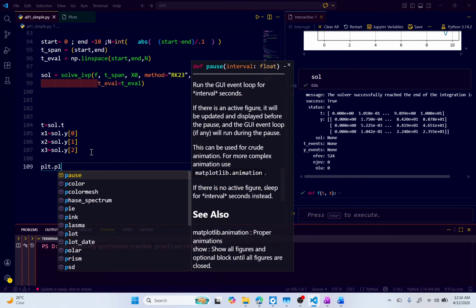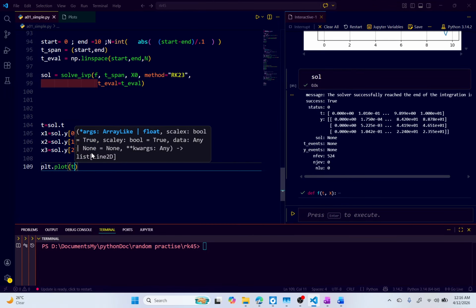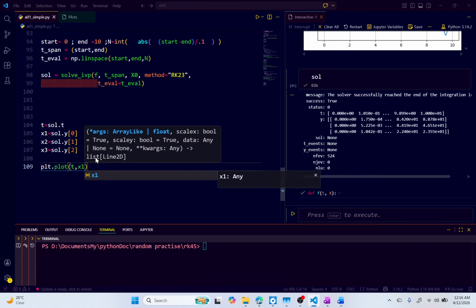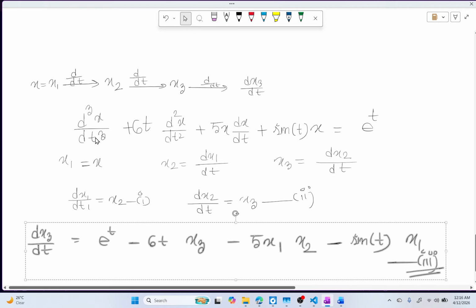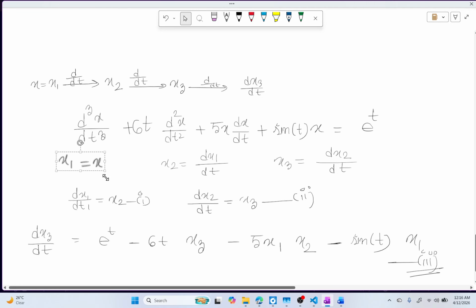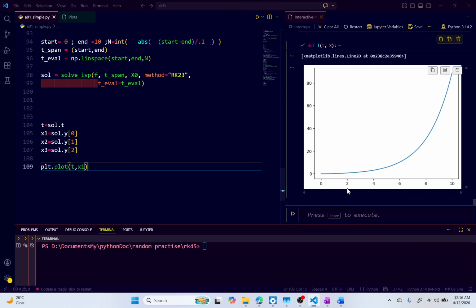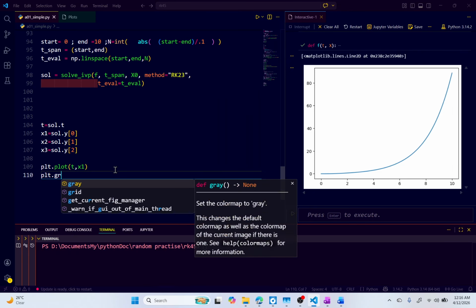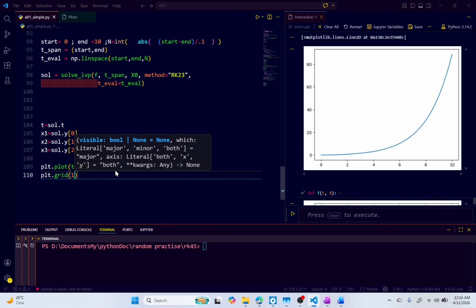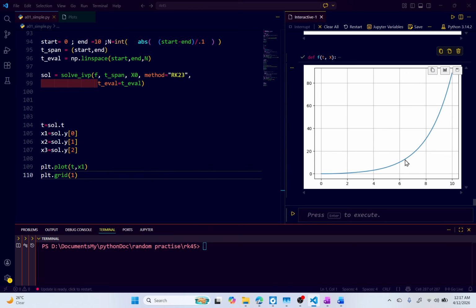So plt dot plot. So t comma x1. So x1 is basically the position, you see. X1 is basically x, what you want. So let's plot this thing. Okay, so this looks like this. If I write here plt dot grid. Okay, so this looks like this.